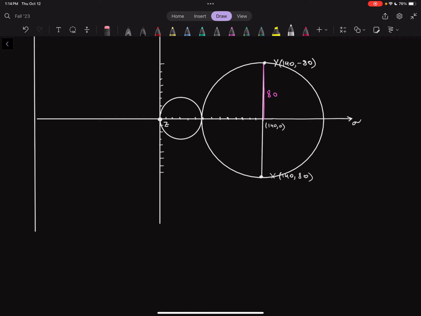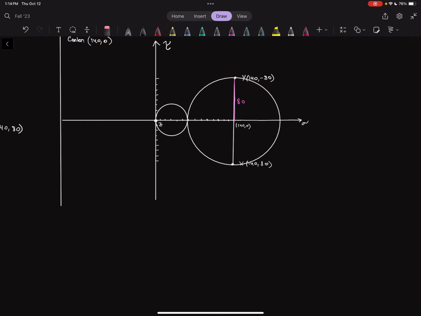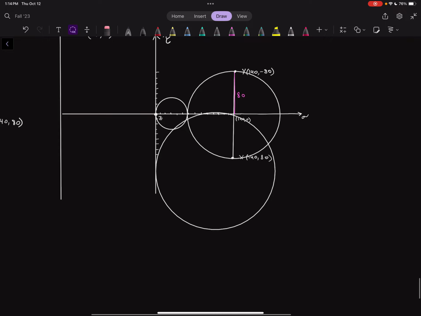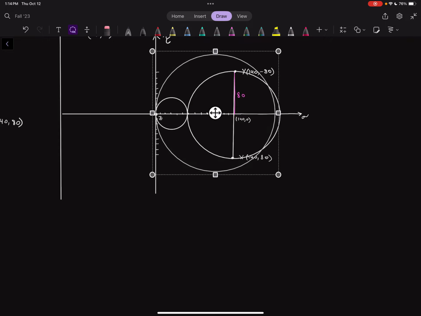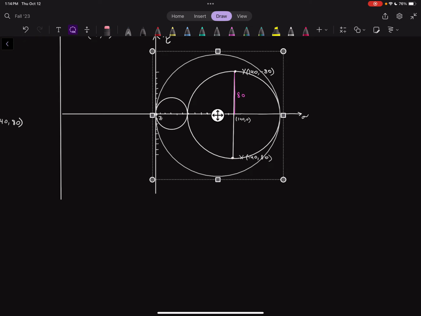I'm not sure how to do all of this. So here we're going to get this, and we're going to put it here. So we notice that the bigger circle is going to be the one with the highest shear, which is going to be kind of here.